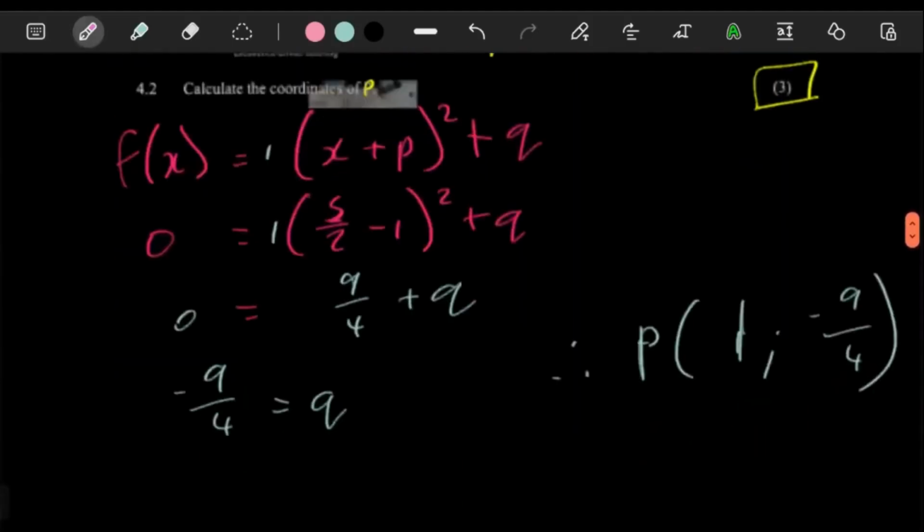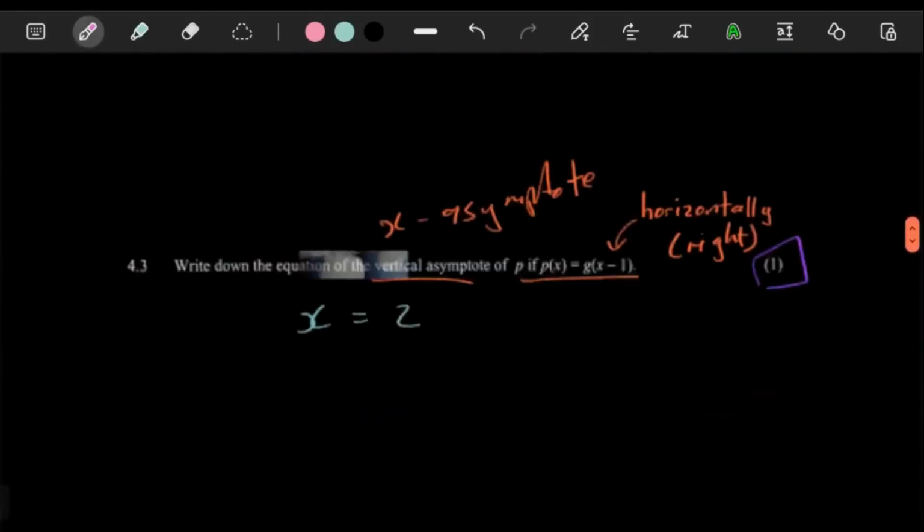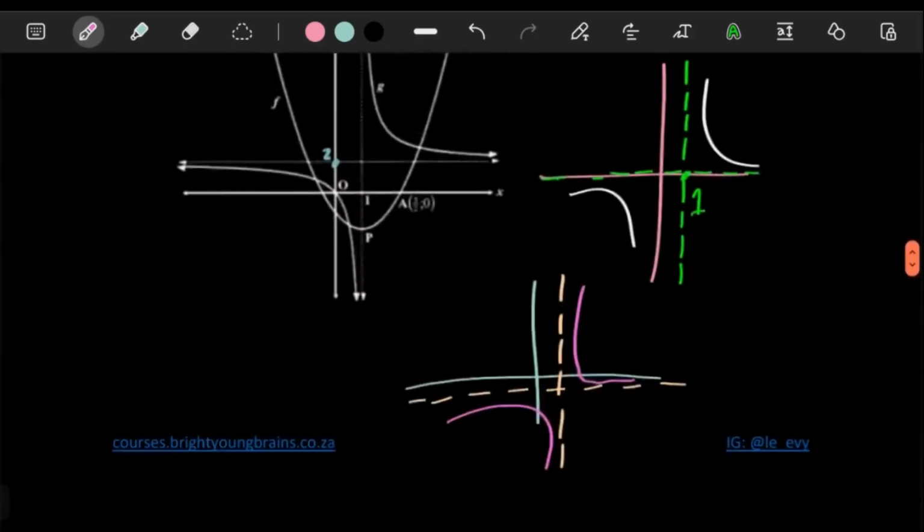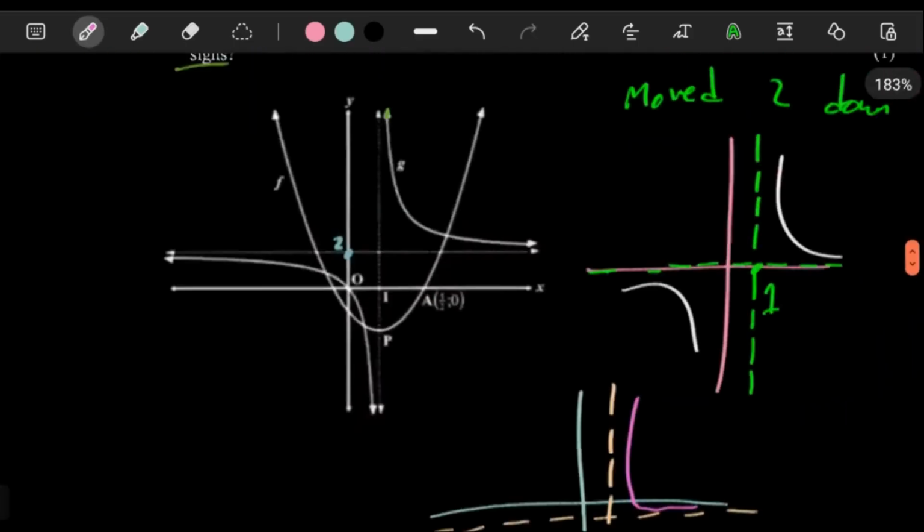What's important is the fact that a hyperbola cannot have two roots.